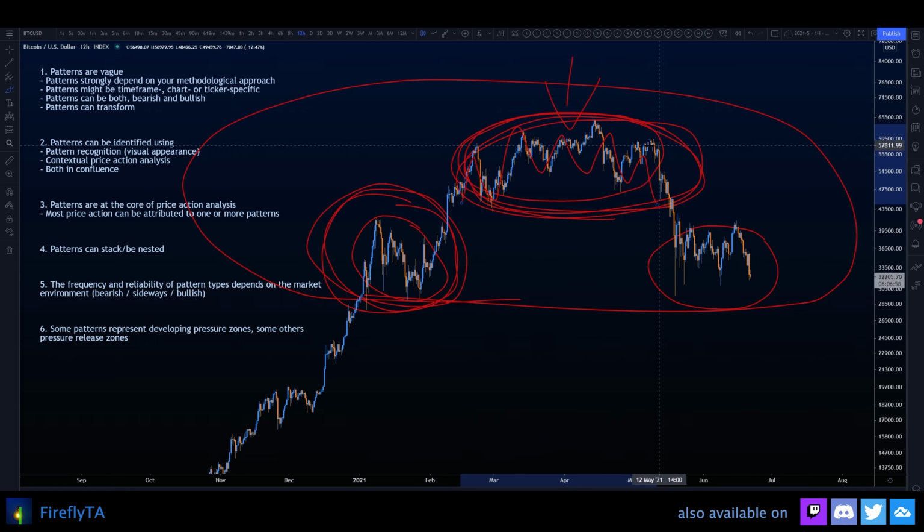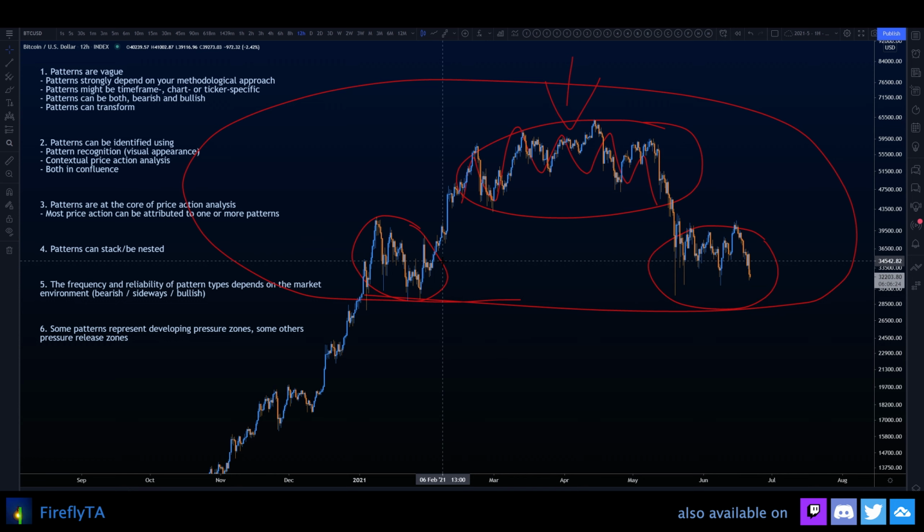So there's a reason why a head and shoulder is a head and shoulder, and you have to dive into this. Why is there a left shoulder? Why is there a right shoulder? Why is there a head? How do they have to look to make them valid head and shoulders? There's a contextual analysis to be done, and if you are capable of doing that, you can distinguish the valid from the invalid patterns.